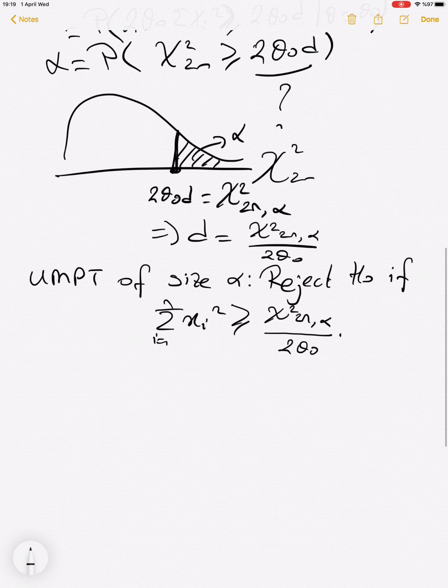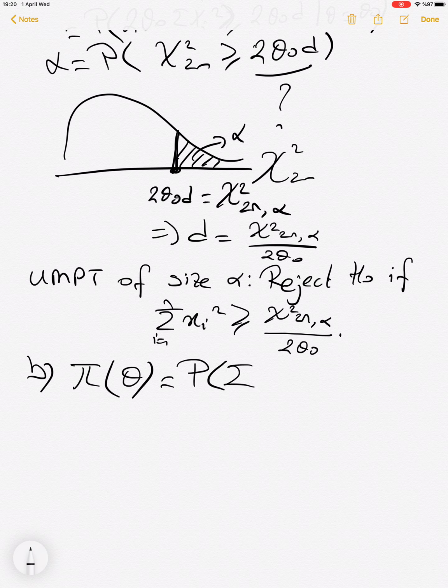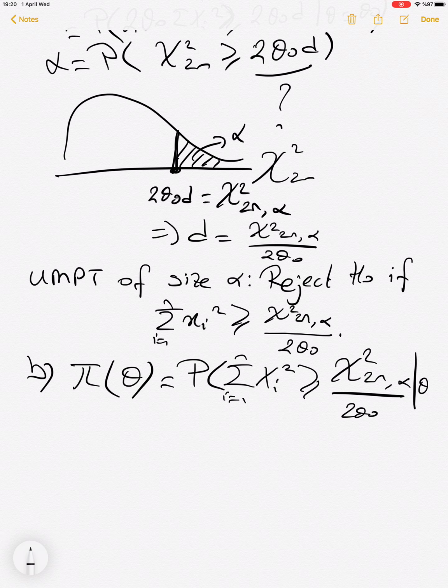Okay, after that, basically in the second part of the question, when we want to find the power function, we are using the same terminology. Please don't write c here, okay? So write d, write the value that you found actually. So this is our test given theta.